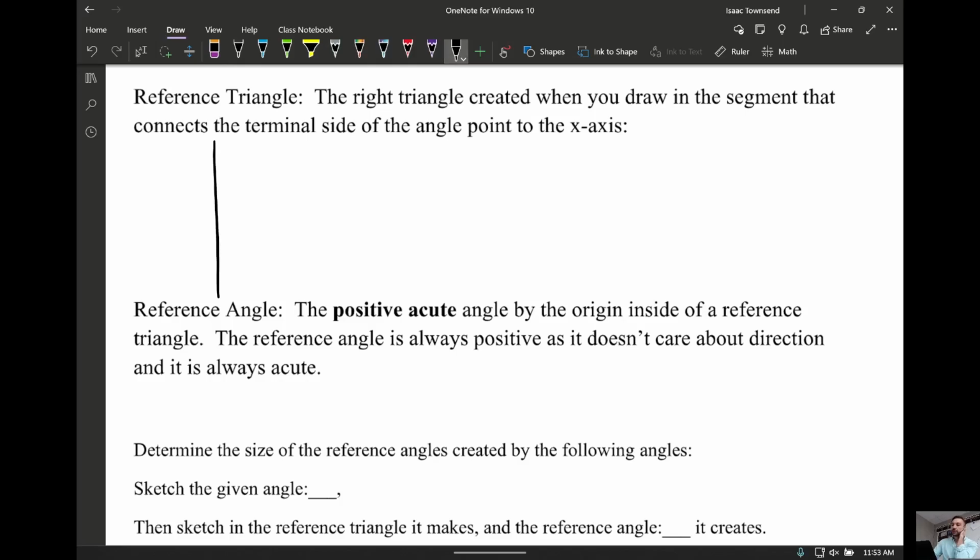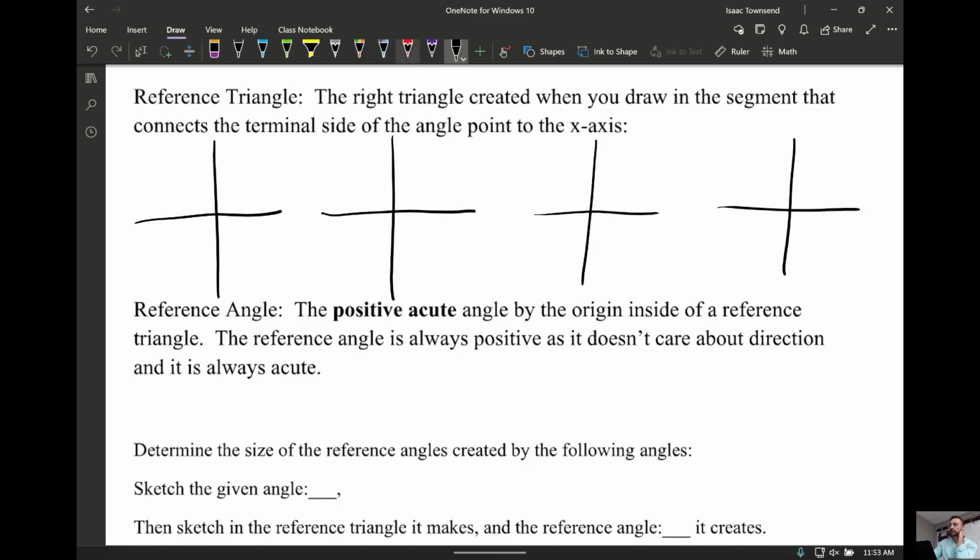So, reference triangle. I kind of spoiled this already on the top of the front page. But let's say we had an angle in quadrant 1, 2, 3, or 4, all the different possibilities.